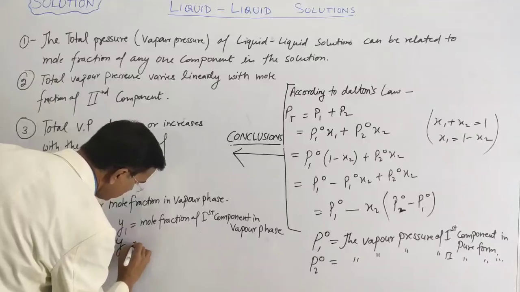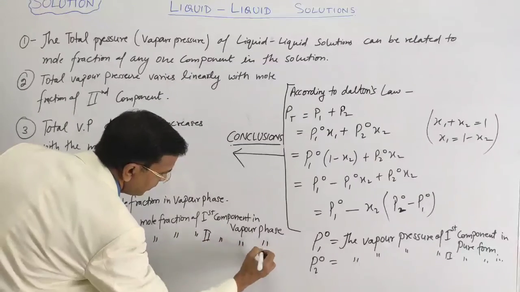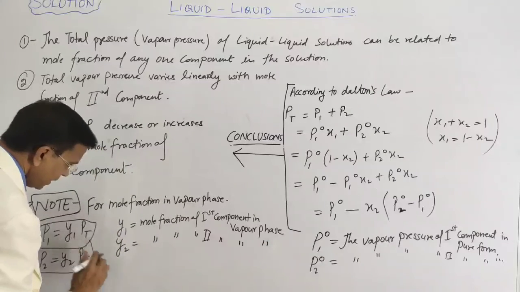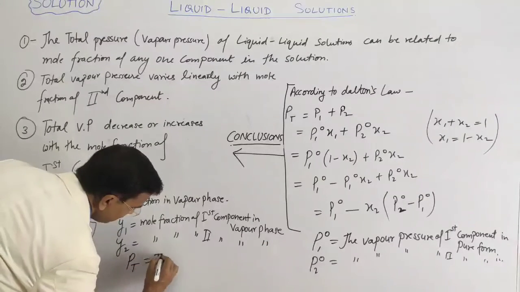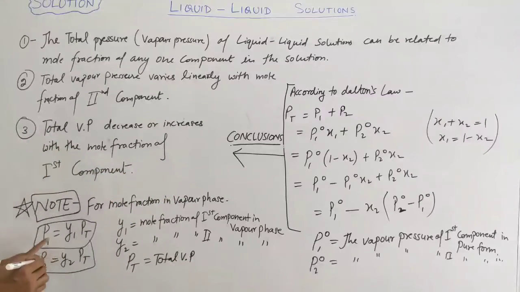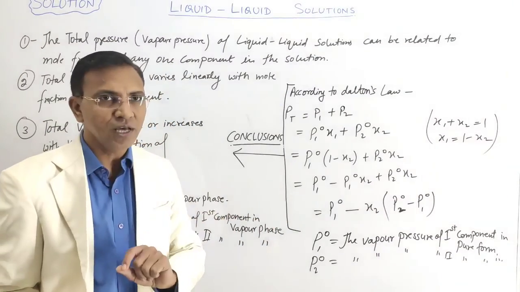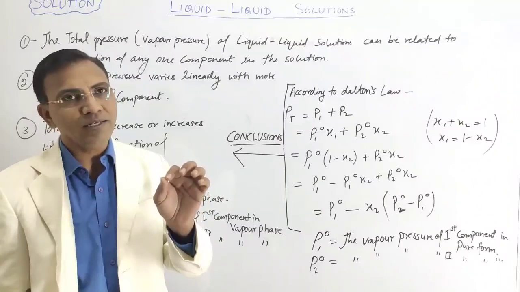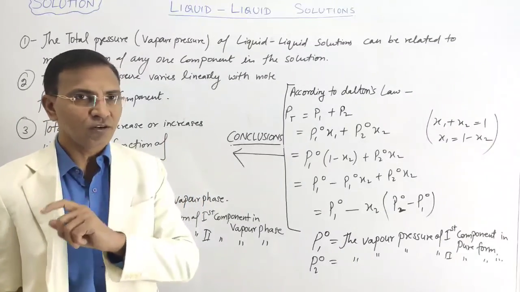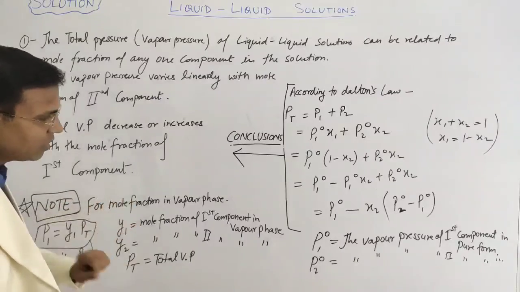So Y2 is equal to mole fraction of second component in vapor phase, right? PT is equal to total vapor pressure, and P1 and P2 we have indicated earlier that P1 is the partial pressure of the first component and P2 is the partial pressure of the second component, right? So this is all about Raoult's law. Now next, move to some questions about Raoult's law.